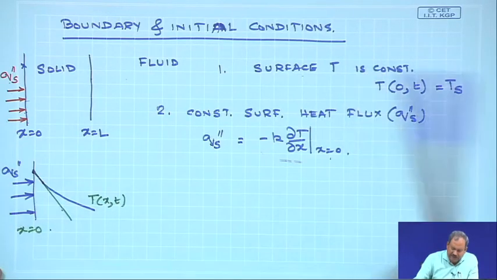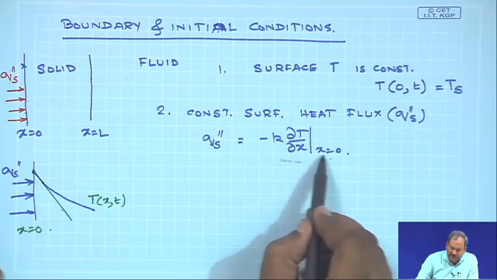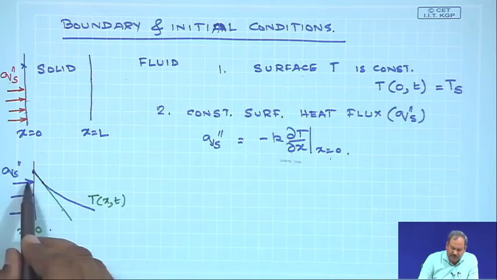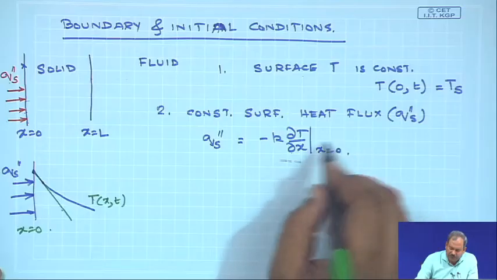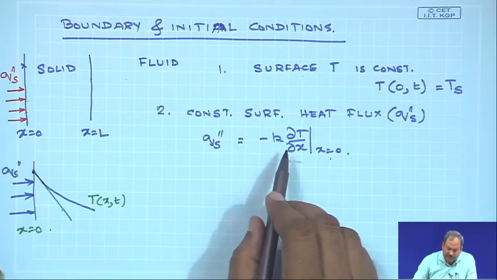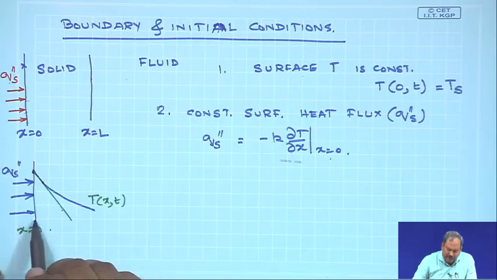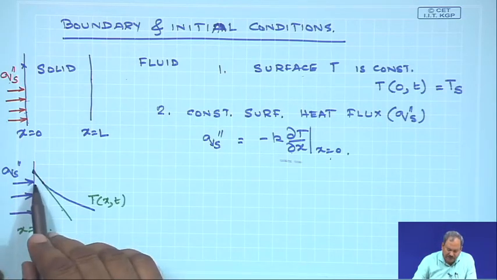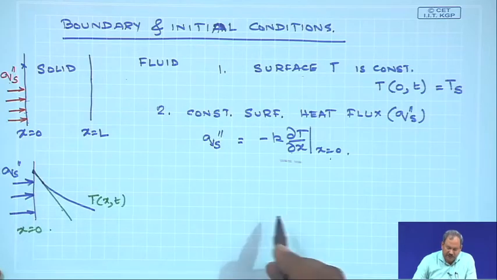So, this tangent is essentially your del T del x at x equals 0. Multiply that with minus k, and what you get is Q S double prime. So, this is by invoking conservation at the control surface of the input heat flux and the heat which gets transported in the x direction.